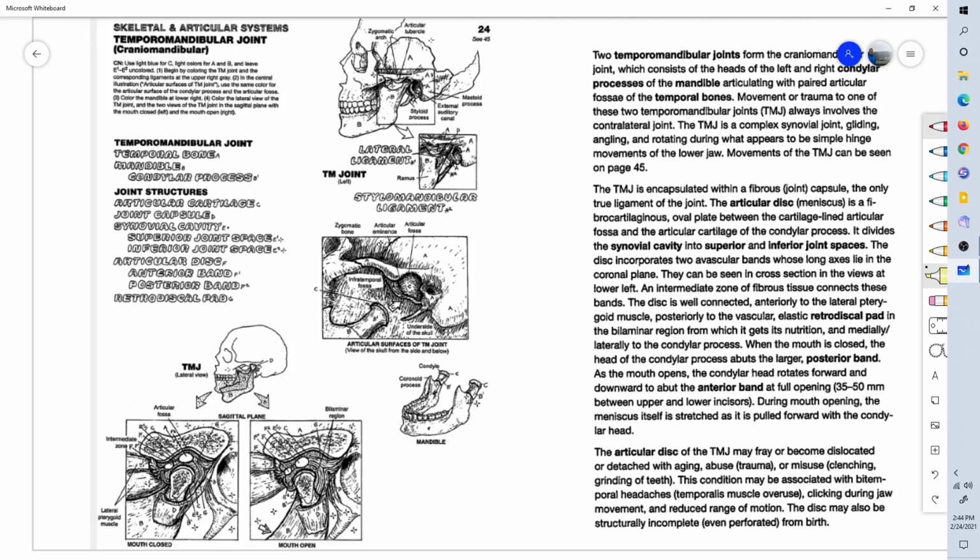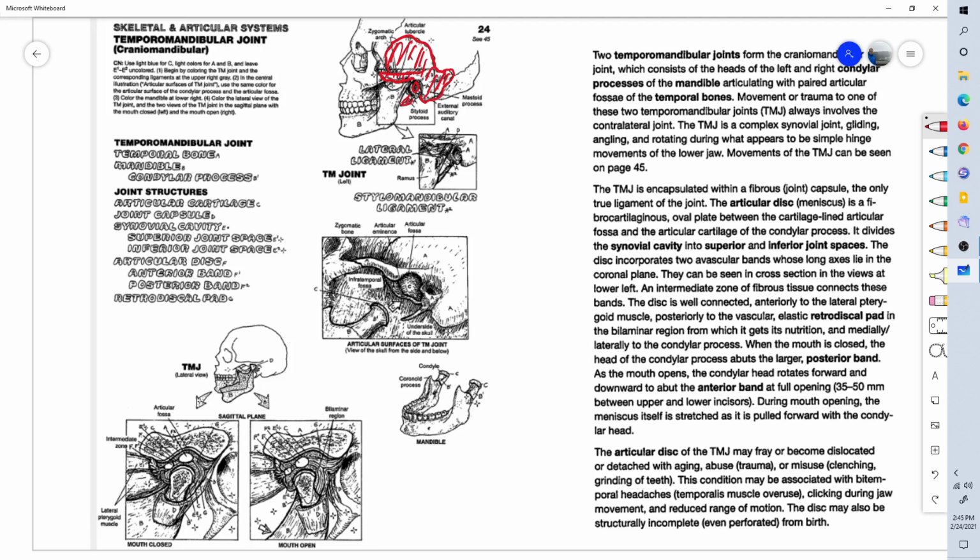First, let's review the temporal bone, one of the cranial bones, with the mastoid process here, the external auditory canal, the styloid process, the zygomatic process, and recalling that there are two separate temporal bones, one on each side of the skull.